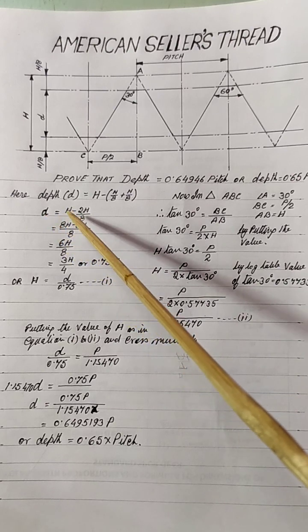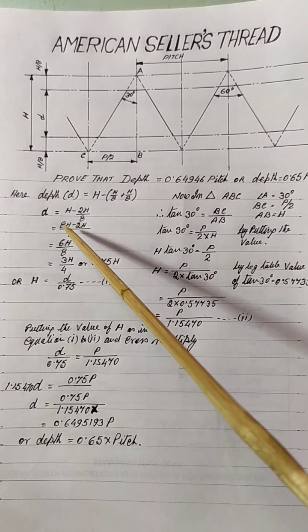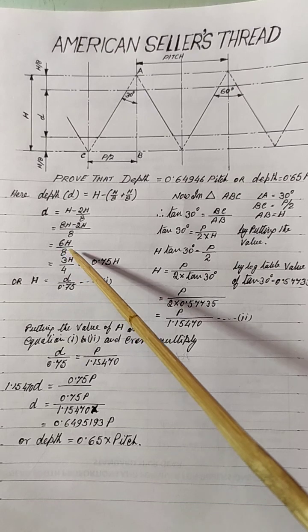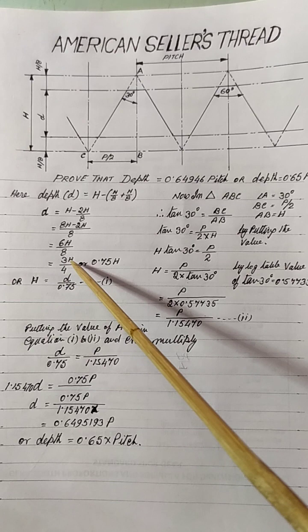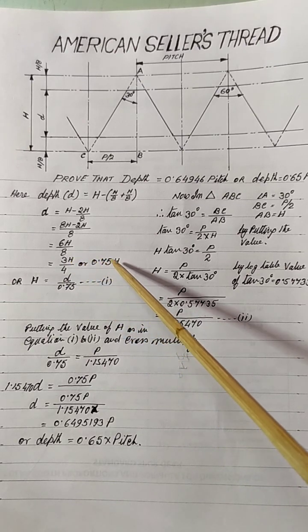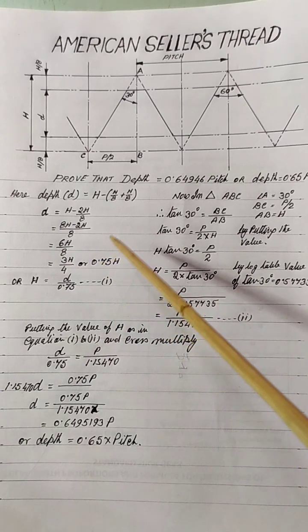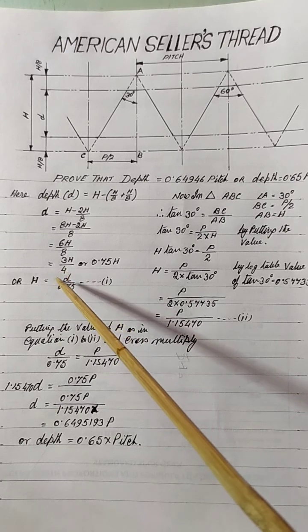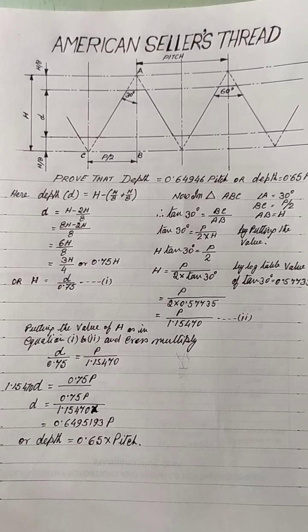D is equal to H minus 2H by 8, by LCM 8H minus 2H by 8, 6H by 8, or 3 by 4 H, or 0.75 into H. So D is equal to 0.75 into H, or H is equal to D by 0.75. This is one equation, not formula, it is equation.